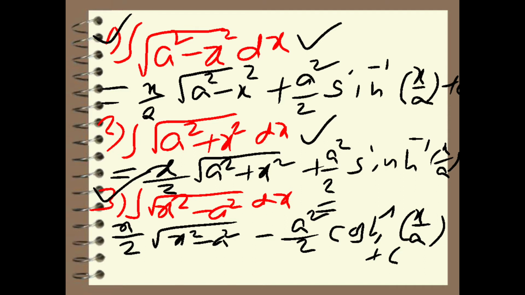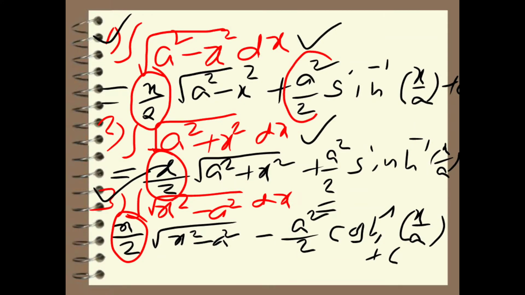Okay, so all these three formulae have one common thing: all three are of two parts, and in the first part all three have x by 2 common. In the second part all three formulae have a square by 2 common.